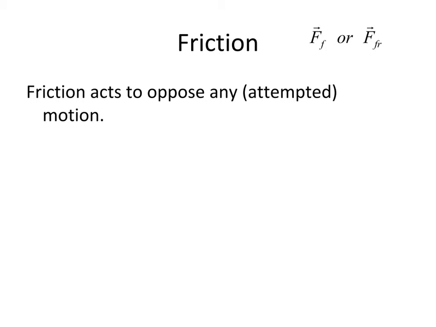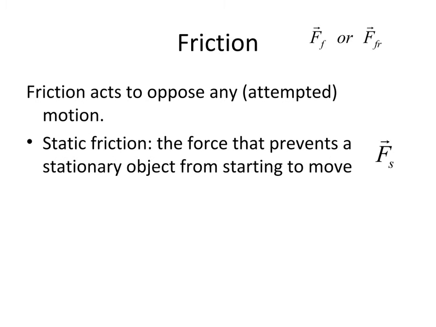Friction, F sub f, is one way that we can write that. Friction opposes any motion or any attempted motion, and we'll talk mostly about sliding friction, and there are a couple of different types that we'll discuss later in more detail. Just briefly though, static friction is the force of friction that opposes the motion of a stationary object.